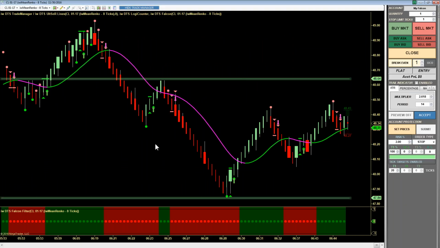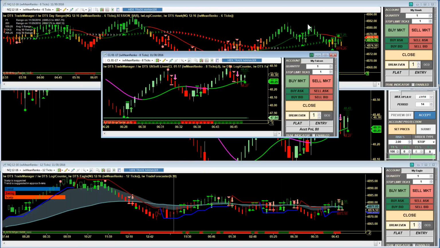Here, crude oil out of the open, right up here, we got a trend change signal right here, so a nice decline. Hit the secondary resistance line, almost right on the number. You can see we bounced off of that one. Went into a tailspin to this one. Now we're working a possible trend change signal higher. So right now the Falcon and the Hawk are in sync with each other.